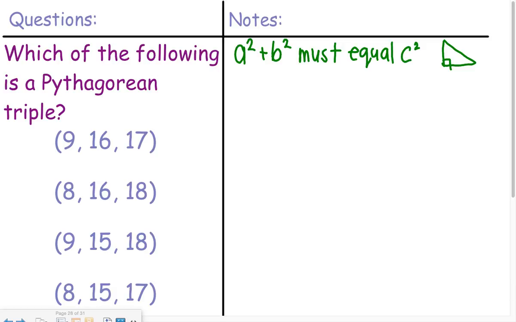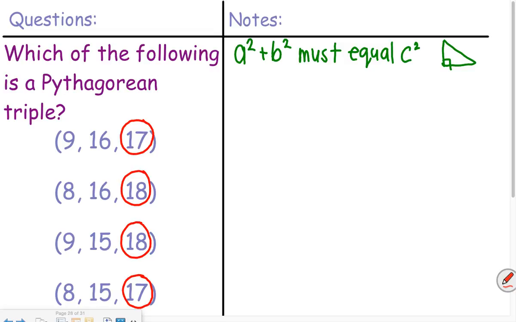So I'm going to set all of these up, and we're going to figure out which one out of the 4 is a right triangle. We know that our longest side is always our hypotenuse. So the biggest number in each one of these is our c squared.